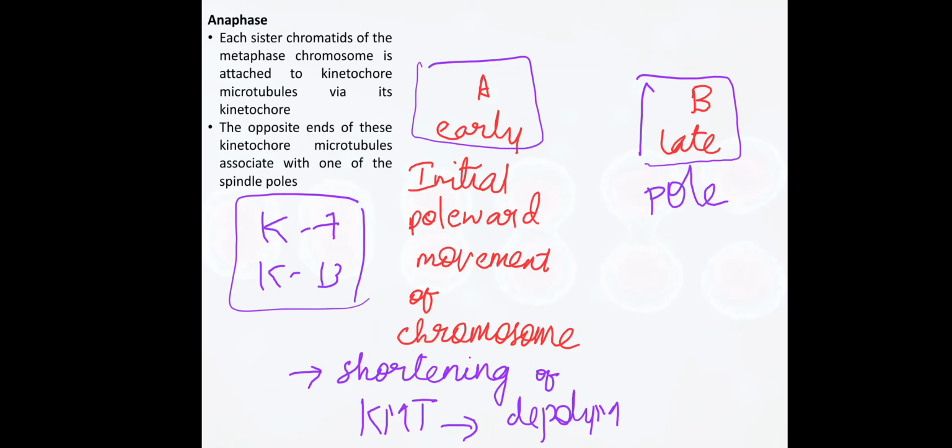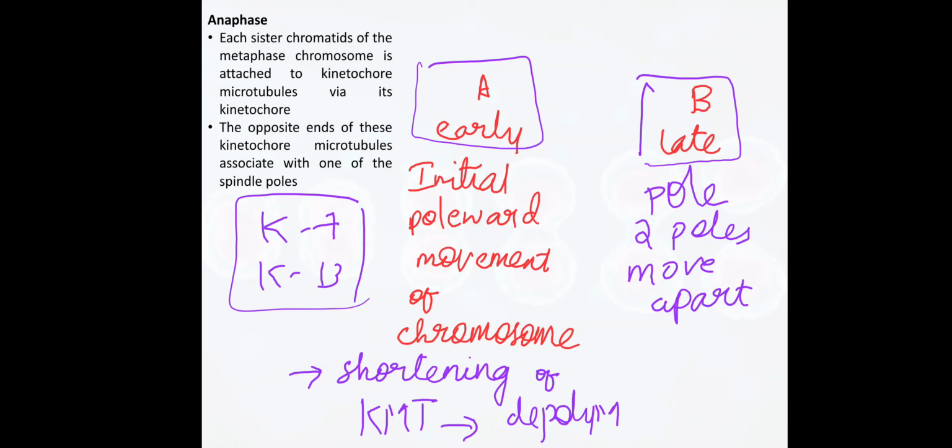It depends on motor proteins at the pole that pull the poles apart, as well as on motor proteins at the central spindle that push the poles apart. So during anaphase B, two poles move apart.